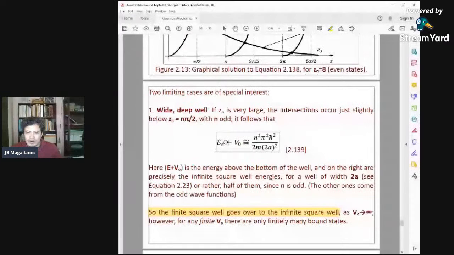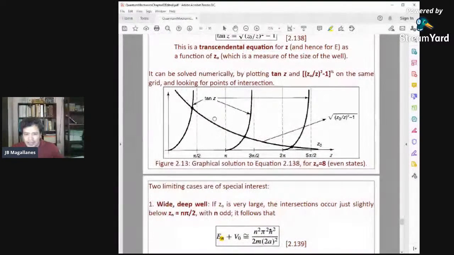You can count that, because for a very wide well, of course Z0 will have to touch the z-axis, and if it touches the z-axis, then the intersection will have to terminate, because there will be no more intersection.